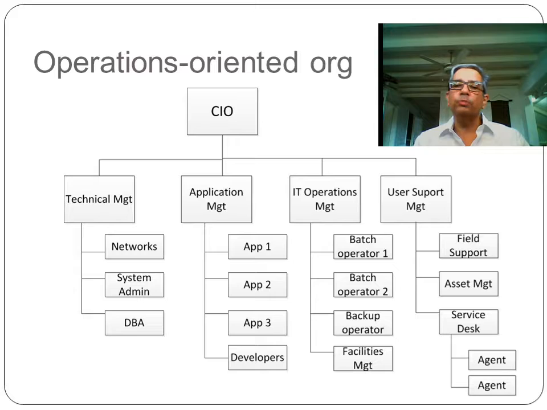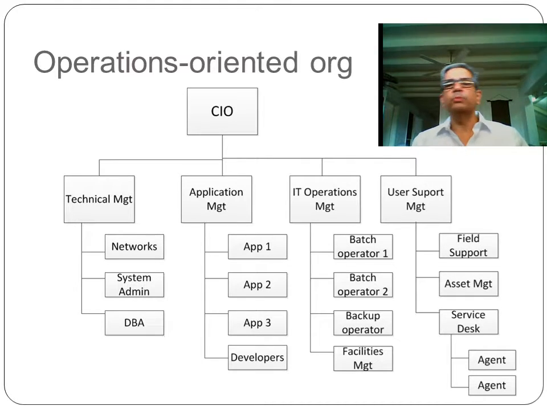The application management group is the one that supports all applications across the organization. They, on one hand, have the different business analysts that configure these applications based on incidents and requests, as well as the developers.